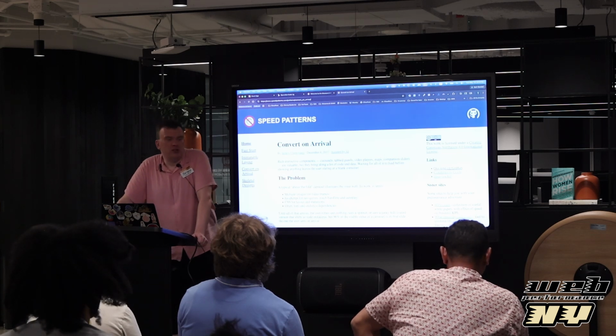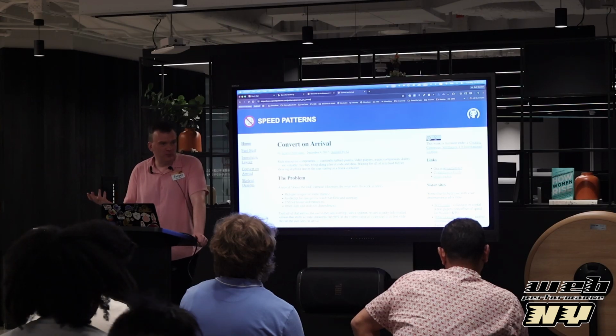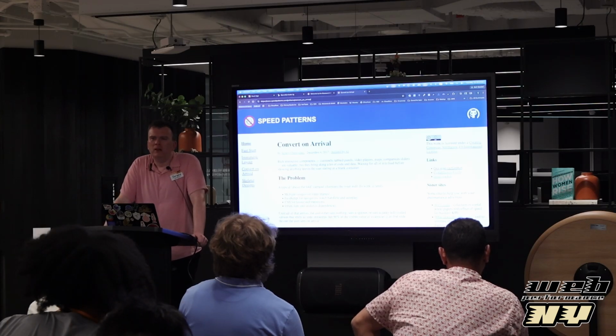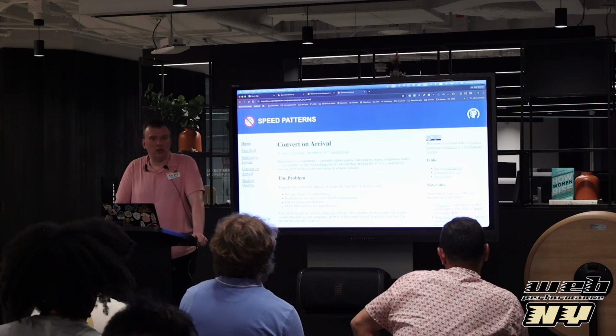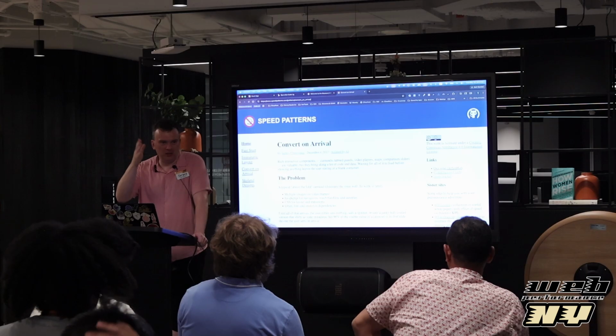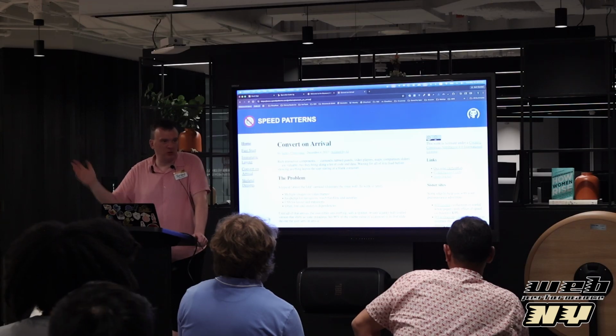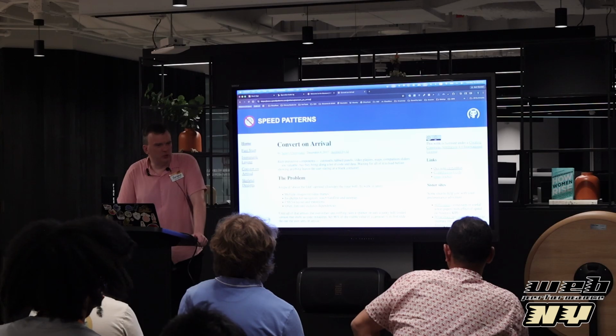But there are some standards that have already emerged since that time when we didn't have any standards, like element timing. Element timing is a way to mark your element with an attribute. You just put it on an HTML element, you say elementtiming equals whatever name you give it, and it will record the time when that element was rendered, with caveats.